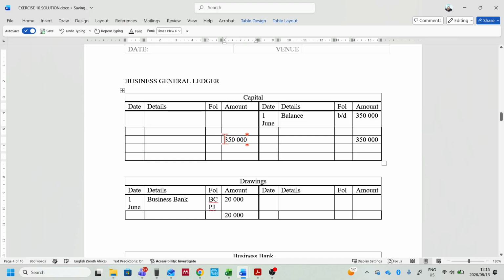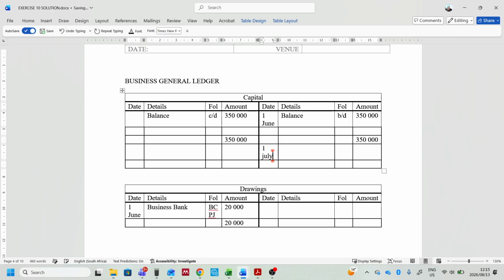350,000. And then this means that this side, there will be balance carried down of the same amount, 350,000. Then when we start the 1st of July, it will move forward with a balance brought down of 350,000.